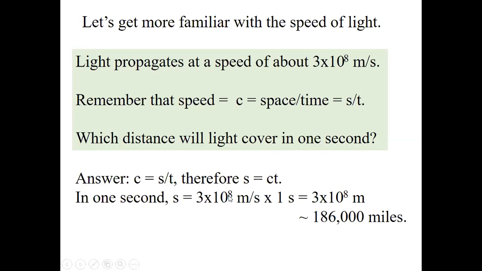The speed is 3 times 10 to the power 8 meters per second, and it travels for 1 second, so we end up getting 3 times 10 to the power 8 meters. So in a second, it can travel 3 times 10 to the power 8 meters, or in miles, it can travel 186,000 miles in a second.